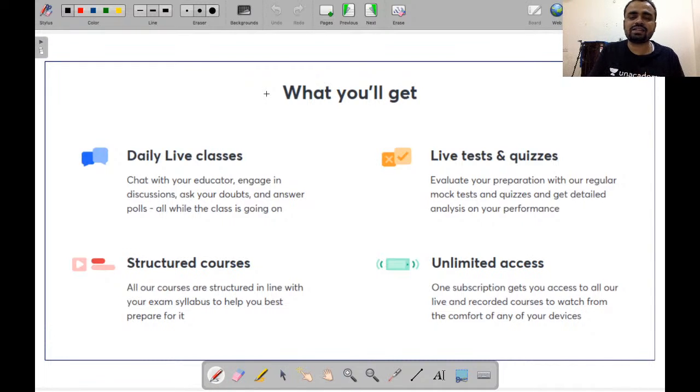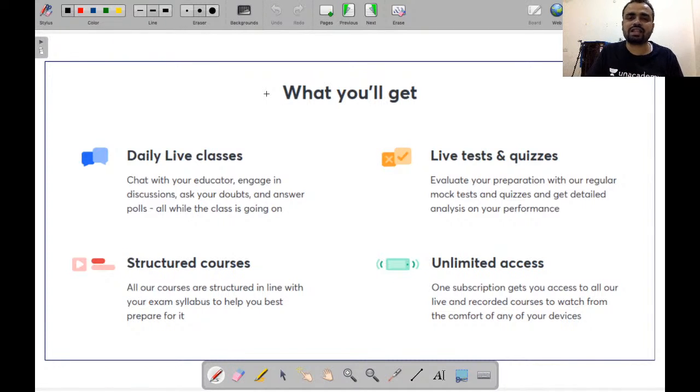And again, inside the structured courses, for a single subject, you can have multiple educators. Suppose you are not able to get any one of the concepts from one educator, then you can switch to another educator and you can start your learning. So anyhow, जो हमारा मेन टारगेट है वो ये है कि आपके प्रिपरेशंस को हैम्पर्ड नहीं होने देना है.